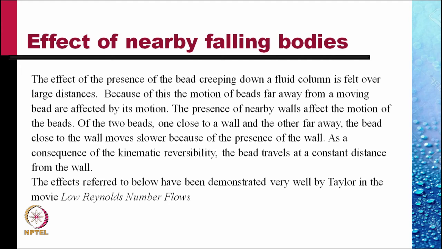The effects referred to above have been demonstrated very well by Geoffrey Taylor in the same movie that we referred to above. The drag of a falling sphere is proportional to its diameter and to its speed.